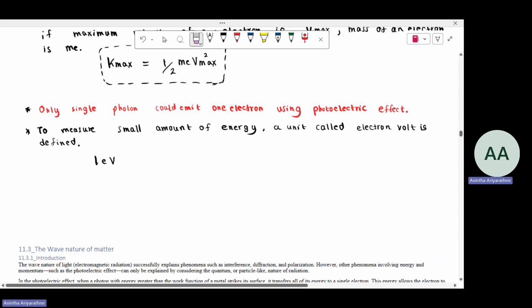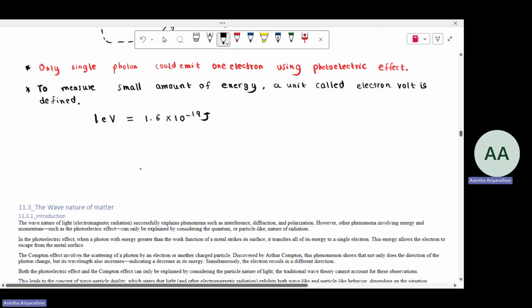One electron volt is equal to 1.6 times 10 to the power minus 19 joule, right? That's another unit to measure small energies.